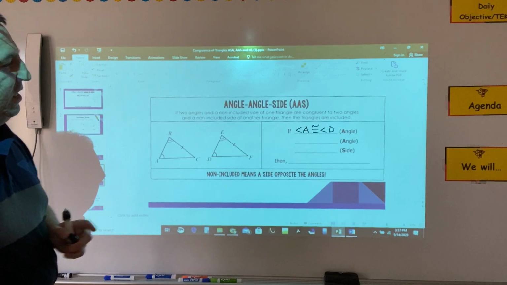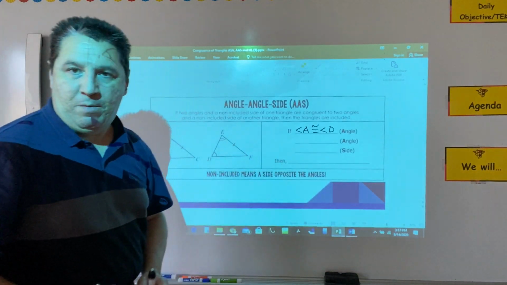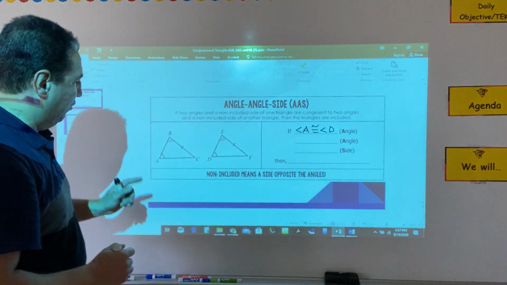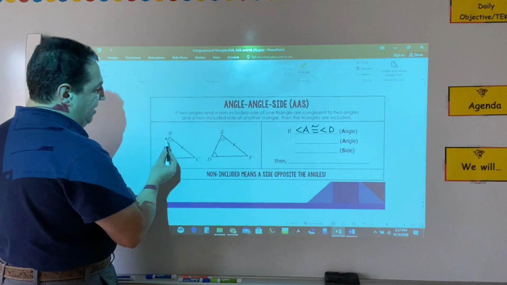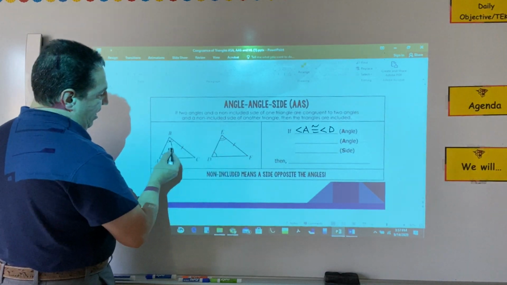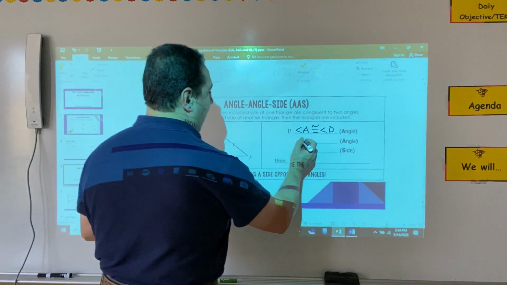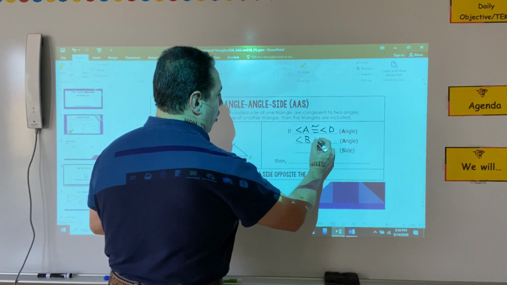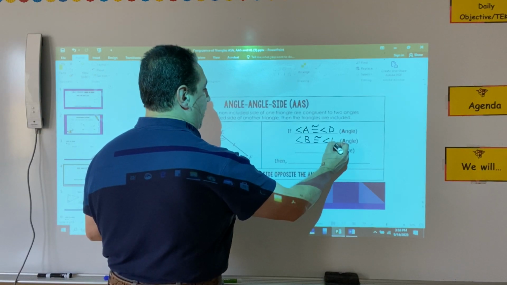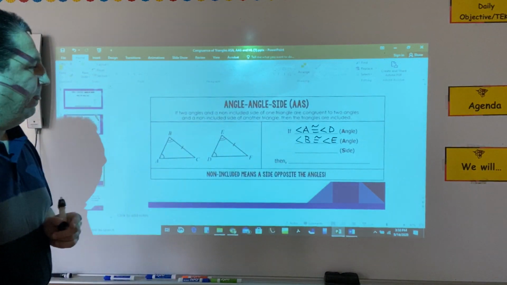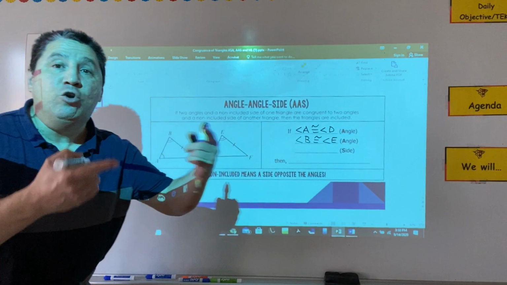Good. Next, we have to come up with another pair of corresponding angles. And these angles are B and E. They are congruent because they are marked the same. So angle B congruent angle E. And then the non-included side.